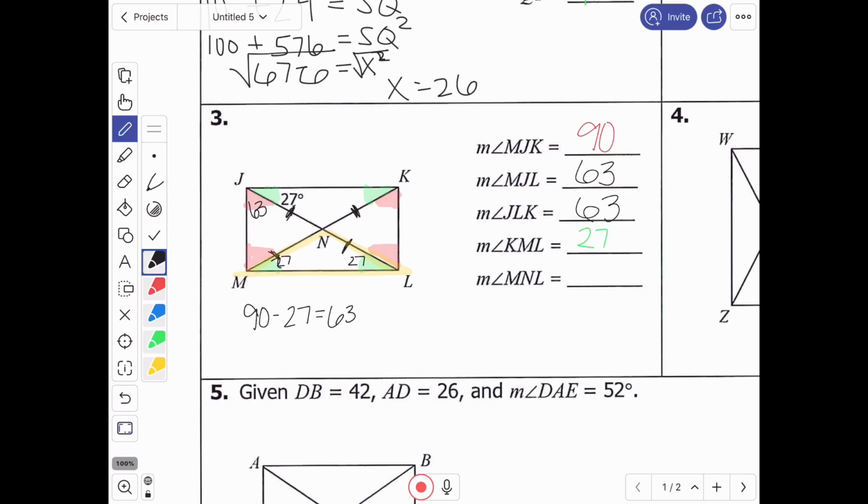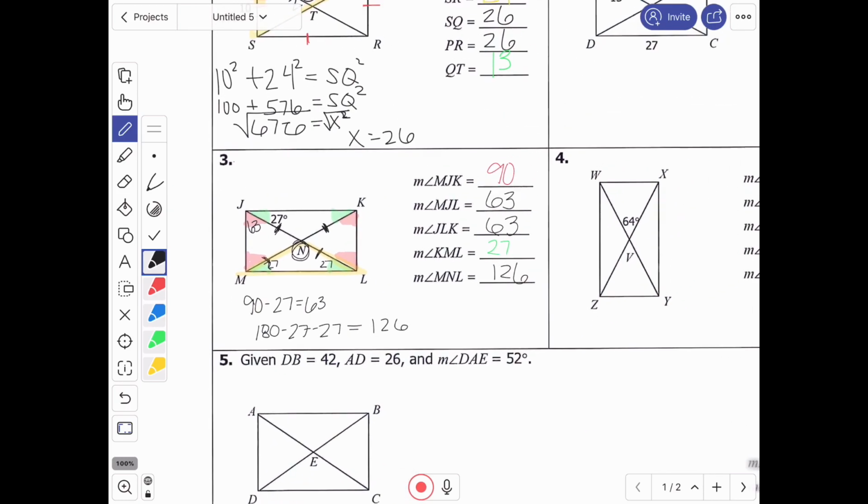Well, what do all the angles in a triangle have to add up to? Well, 180. So if I take 180 minus 27 minus 27, that should give me that last remaining angle that I'm looking for. So 180 minus 27 again is 126. There you go.